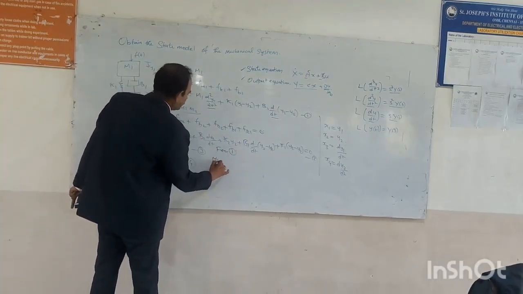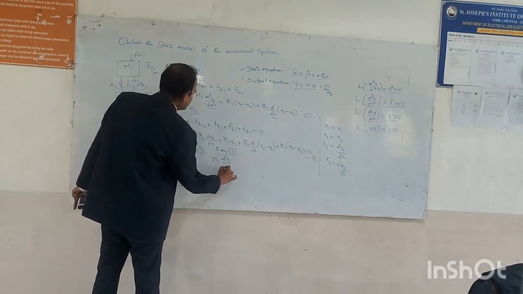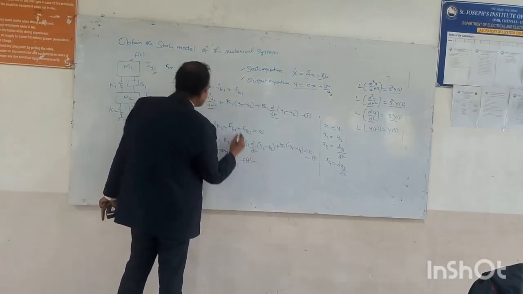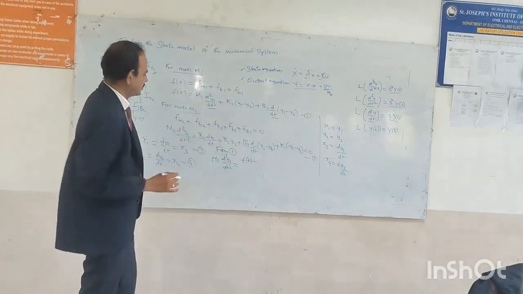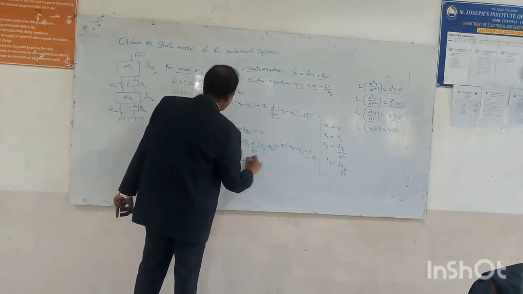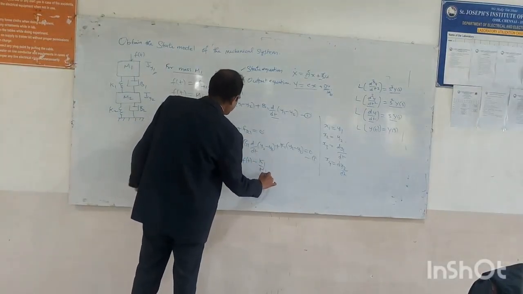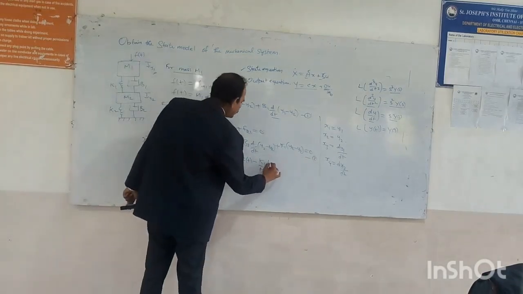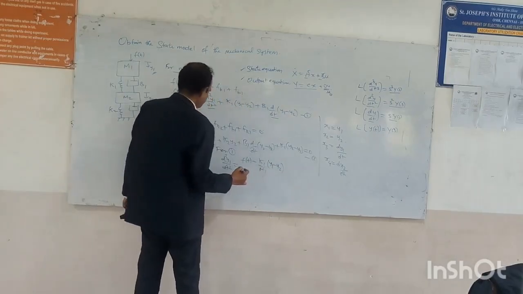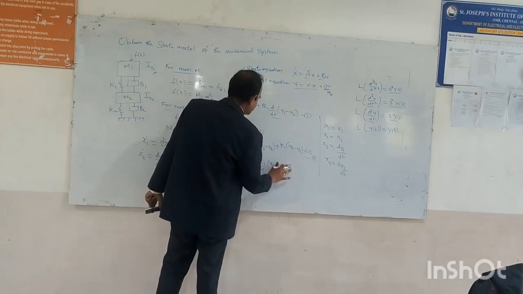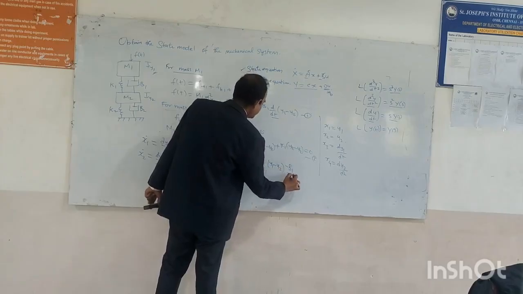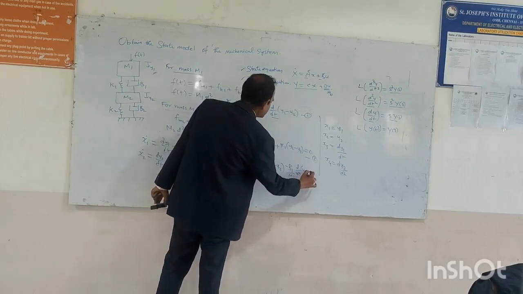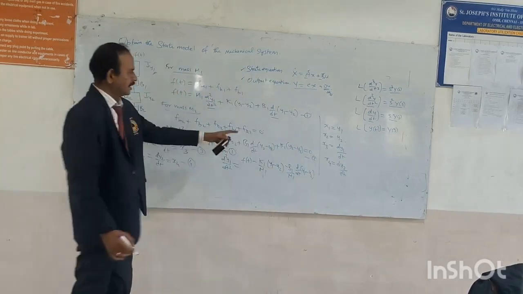From equation 1, m1 d square y1 by dt square equals f of t; move the other terms to the right side: f of t minus k1 by m1 into (y1 minus y2), minus d1 by m1 into d by dt of (y1 minus y2). This equation is going to form x3 dot.